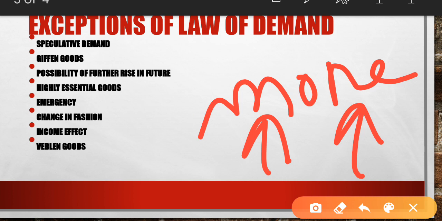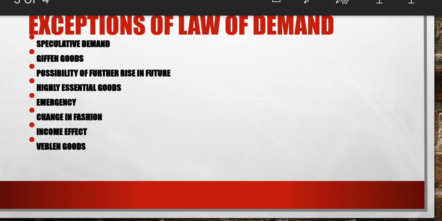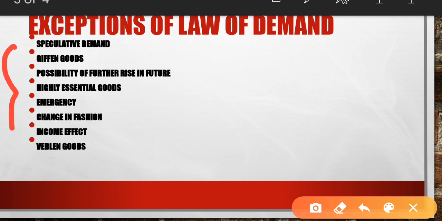So these are certain cases where with a rise in price the demand may not fall, and with a fall in price the demand may not rise. These are very important, these are called exceptions of the law of demand.